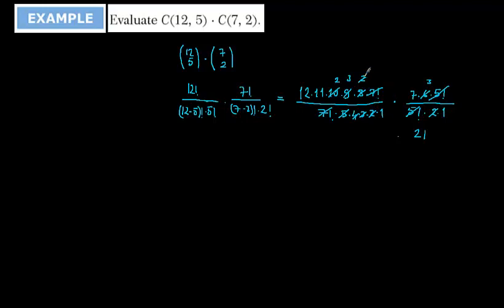So everything on the denominator is simplified. What is left at the top is 12 times 11 times 2 times 3, 6 times 21, and this is the answer for us.